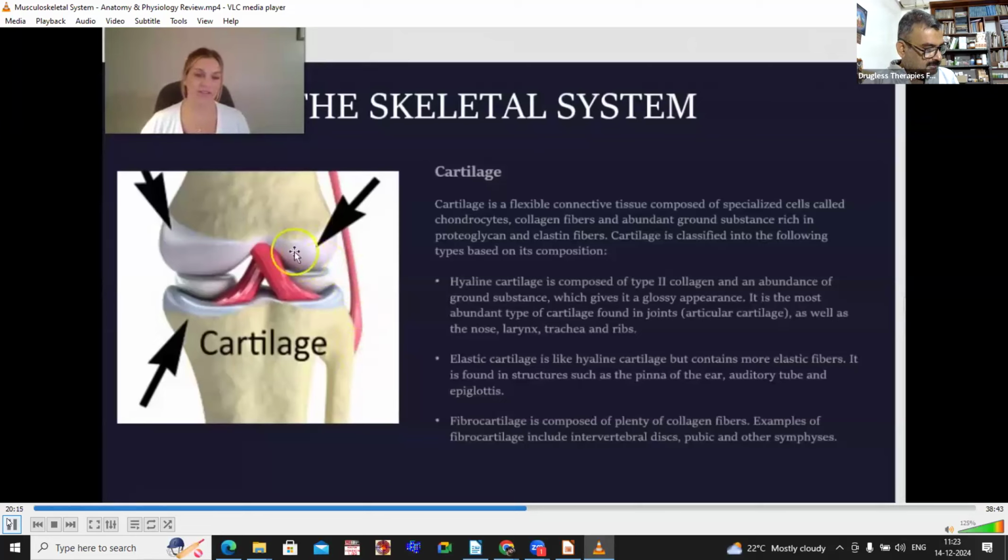But here in this picture, this would be the femur, this would be the tibia, and here's the fibula. So this would be the knee, and you can see the cartilage where it would be here in the knee.